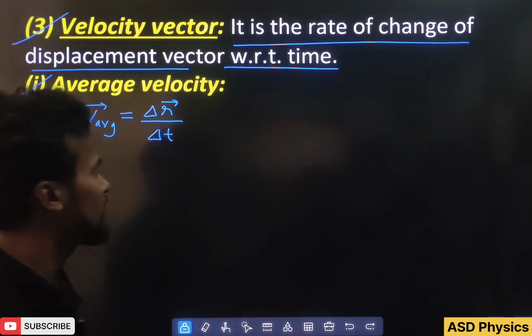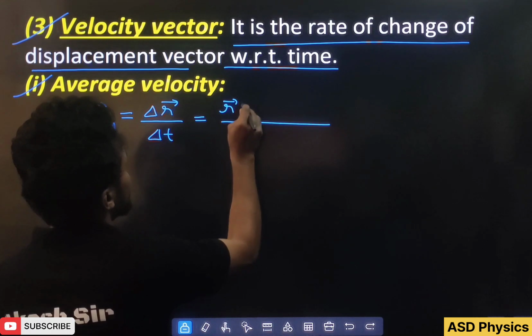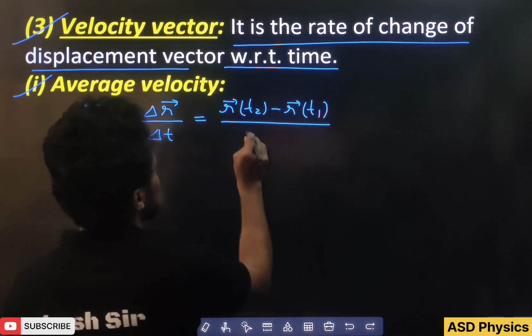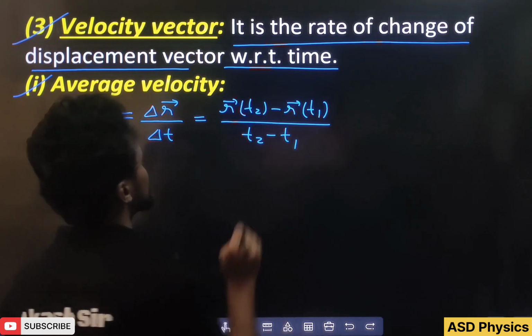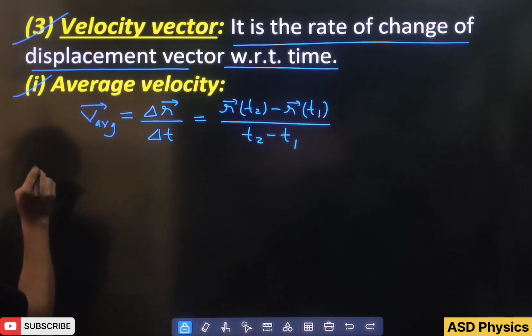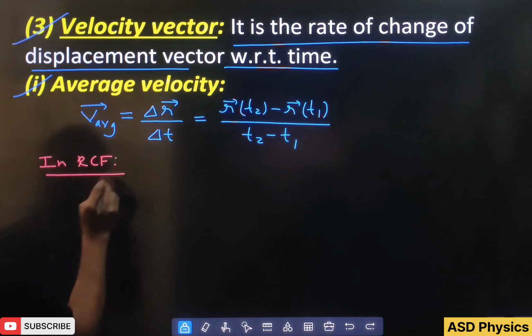Many times I will write it like this also: vector r at time t2 minus vector r at time t1 divided by t2 minus t1, to solve the question. After that, in rectangular component form, RCF.